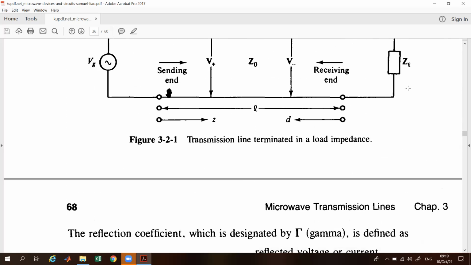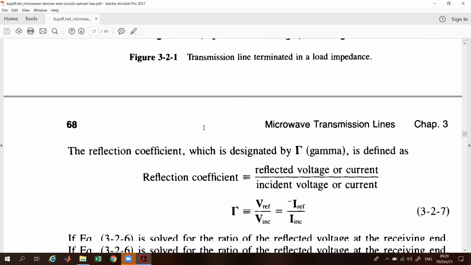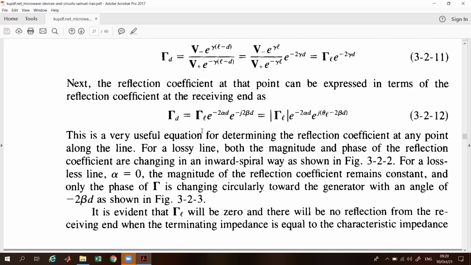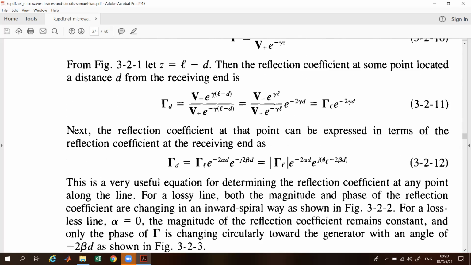Everything has been calculated with respect to the line's length L, so this point will be denoted by L minus D. Then you put this there. When you simplify it, it will be e raised to the power gamma L minus 2 gamma D, and you can write it as gamma L e raised to the power minus 2 gamma D.